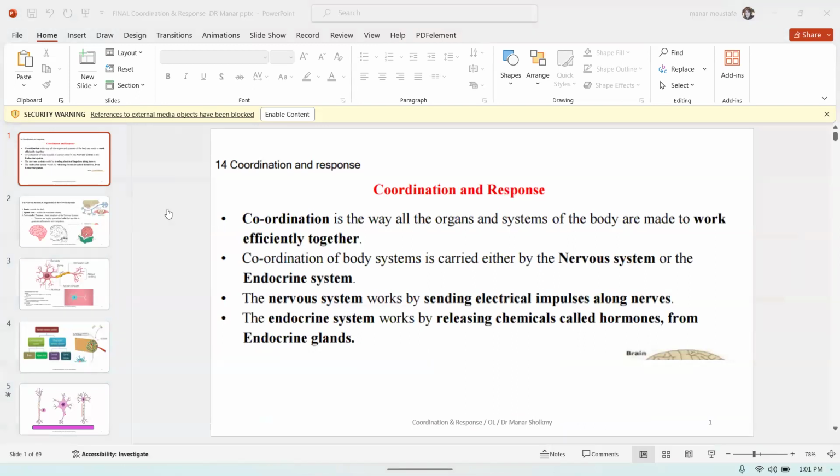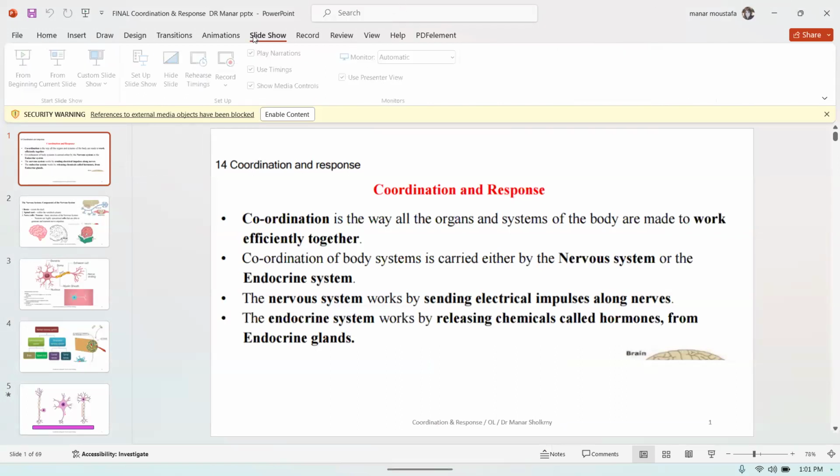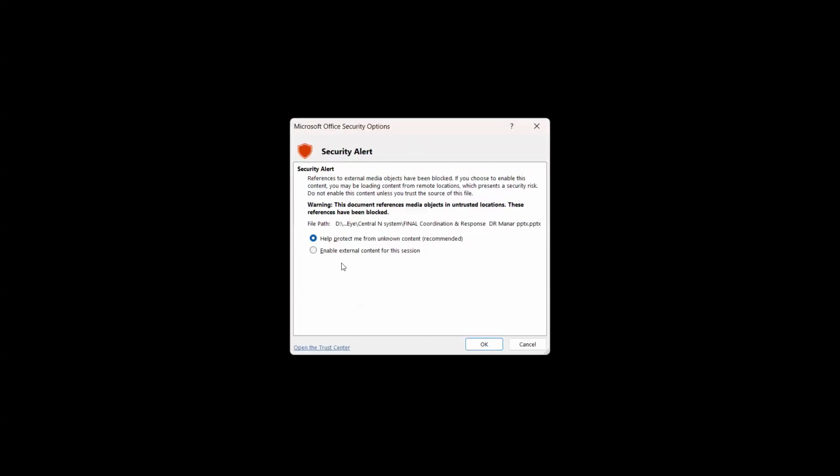Can you all see my screen now? Yes, yes. Okay.